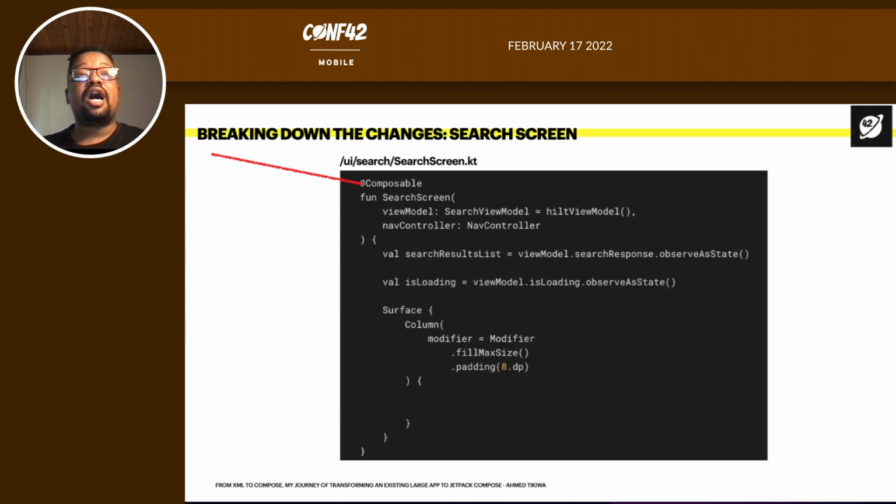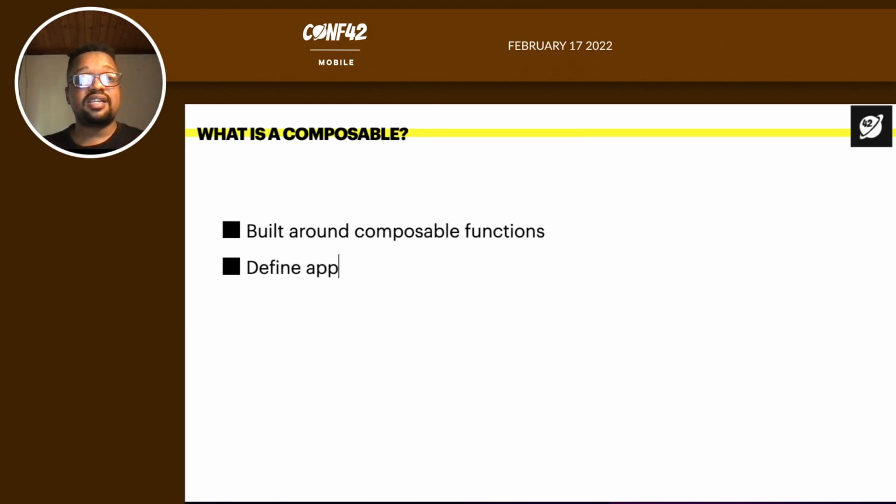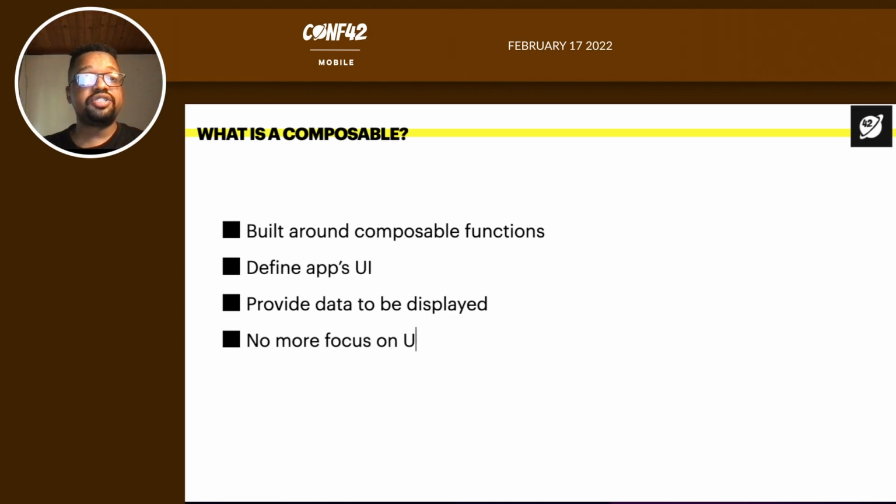This is how you define your composables. This is how you tell Compose that this particular function is actually a composable, and it's going to represent certain things with regards to Compose. So Compose, as I said, is built around composable functions. It allows you to define your app's UI, provide data to be displayed, no more focus on UI construction process.